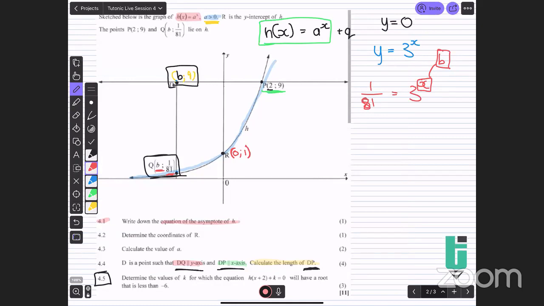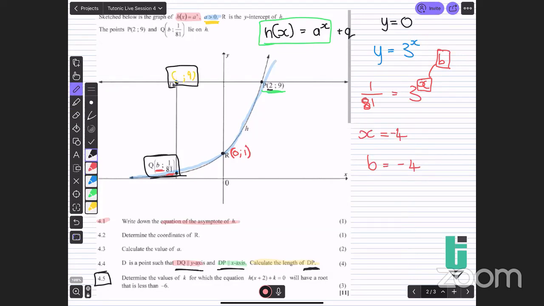And therefore x equals minus 4. If you change 1 over 81 to 3 to the minus 4, x equals minus 4. And since x equals minus 4, b equals minus 4. And therefore this point is (minus 4, 9).